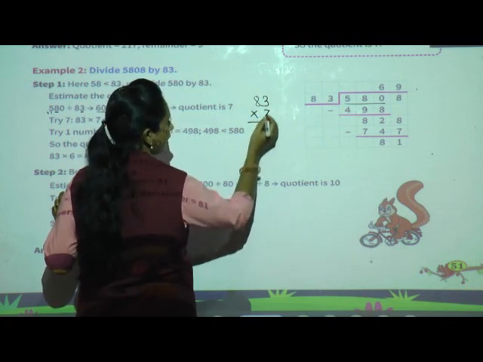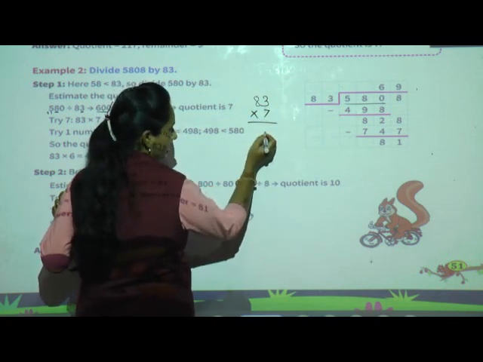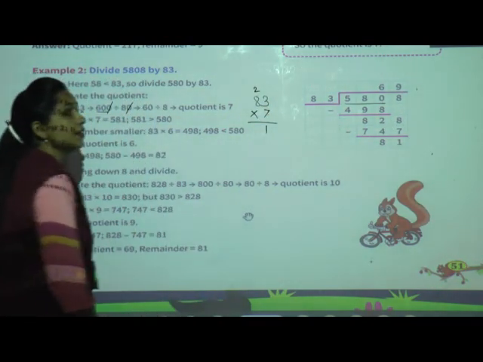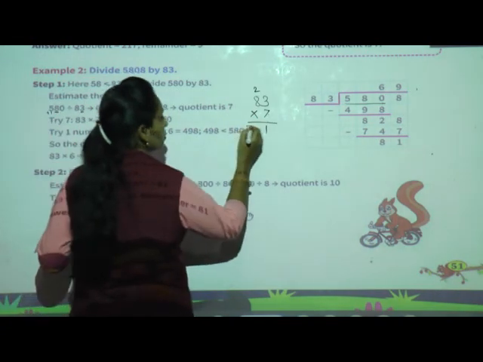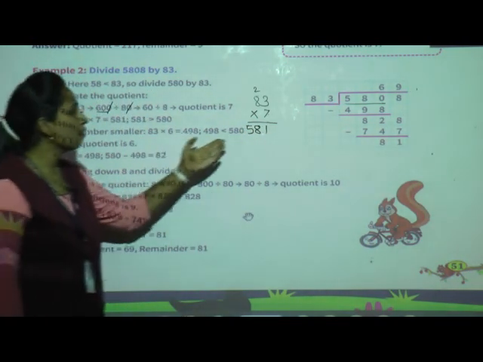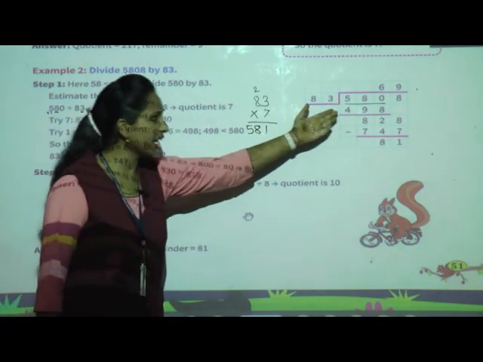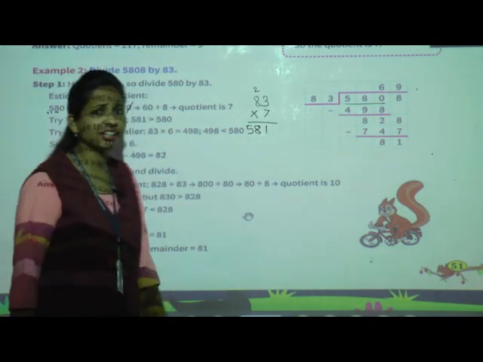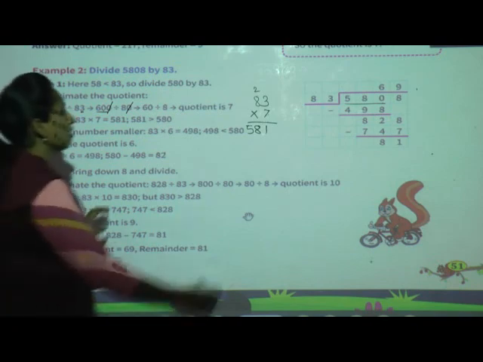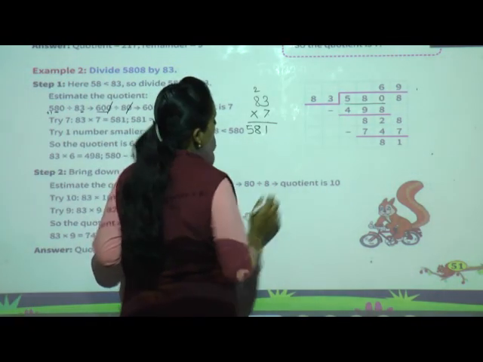If we find the roughly estimated quotient, that is 7, we should go with the actual divisor 83 and that 7. Now 7 3s are, yes, 21. 7 8s are 56. 56 plus 2 is 58. See, what did we get? 581. Will 581 go into 580? No. So what do we have to do in that case? 581 is greater than 580.